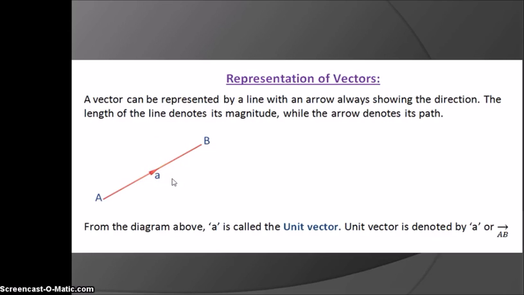We'll get into more details about unit vectors in the next couple of pages. The unit vector in this diagram is denoted by the lowercase letter a, and another way you can write it is as capital letter AB with a stroke above it showing the direction or the path taken by that vector.